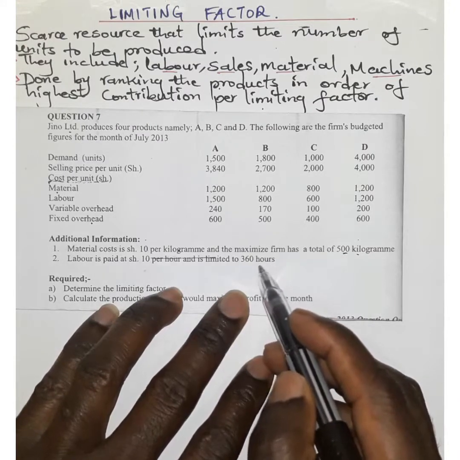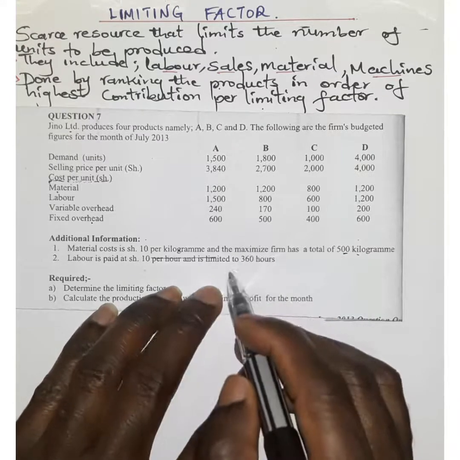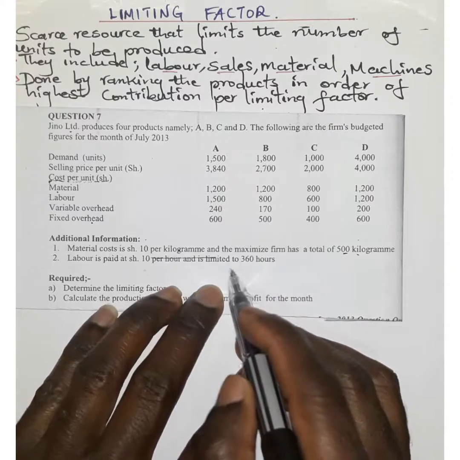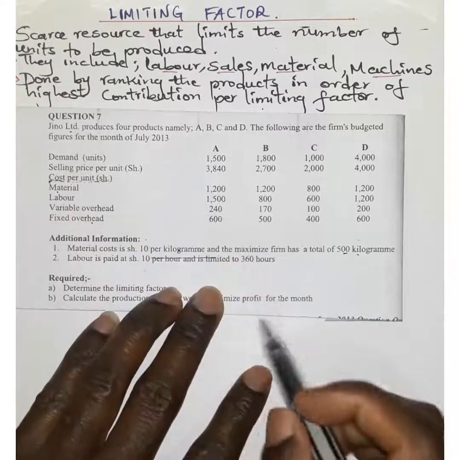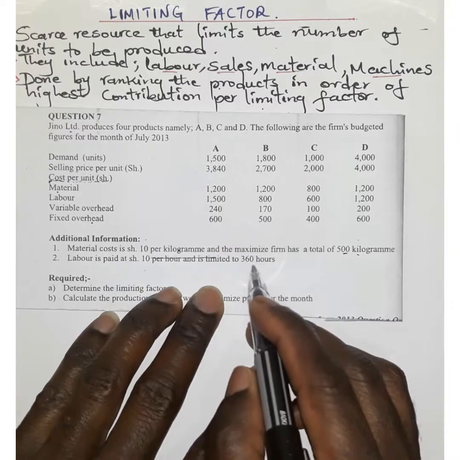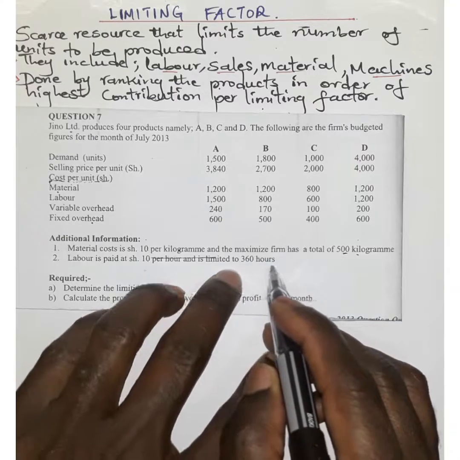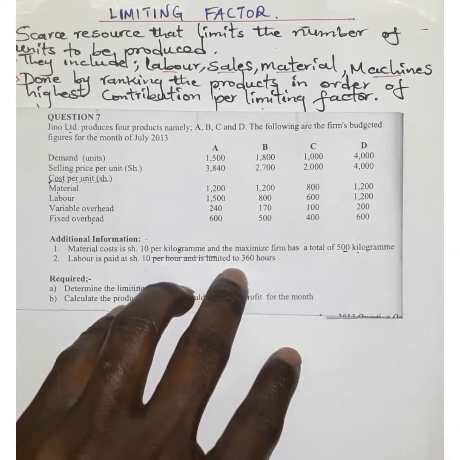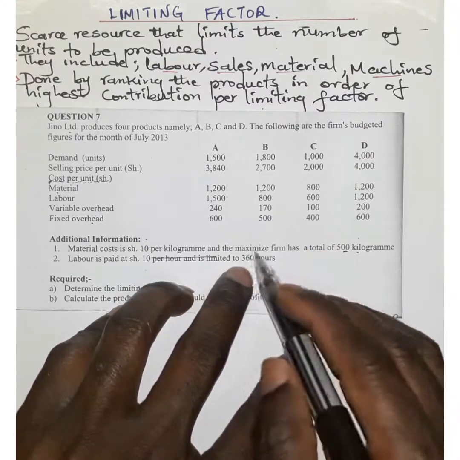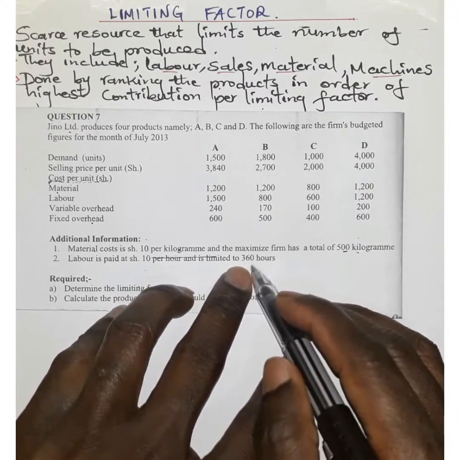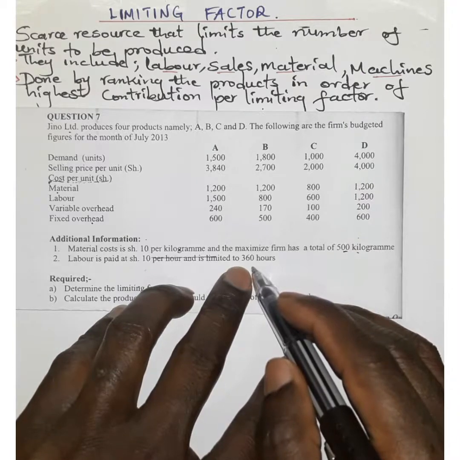360 hours. From this information, we should understand that this company cannot pay beyond 360 hours. So if we do our working and find that the labor is more than 360, it means it is limited.